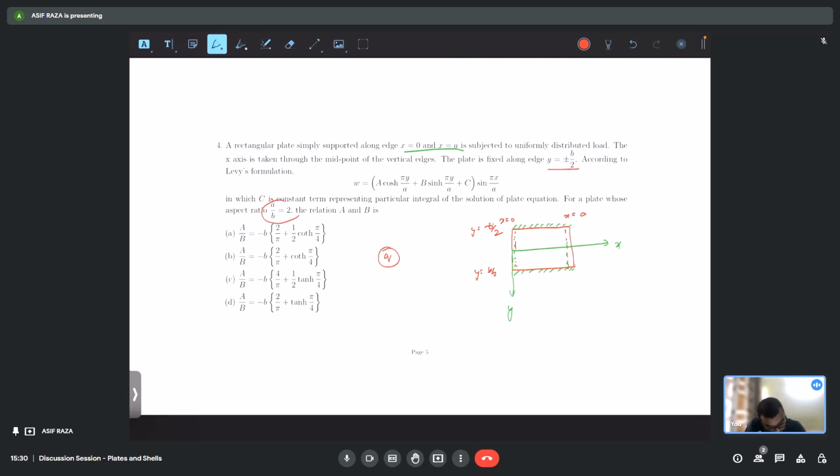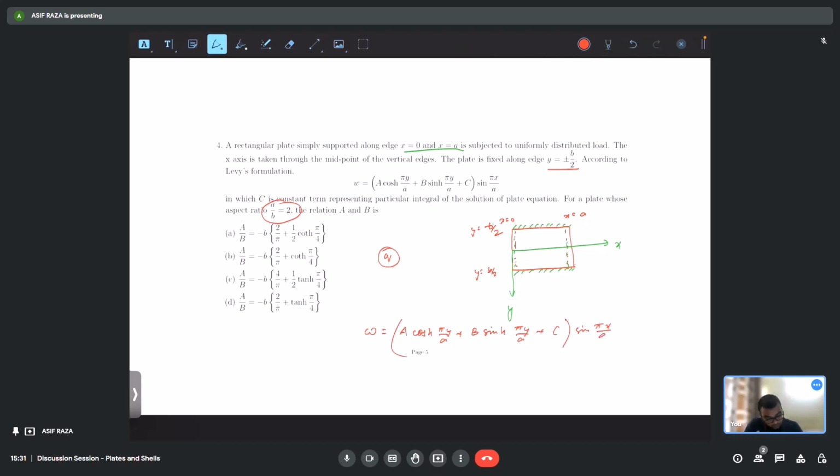So what do we have? We have the expression of w is equal to A cosh(alpha pi y by a) plus B sinh(alpha pi y by a) plus C sin(pi x by a).